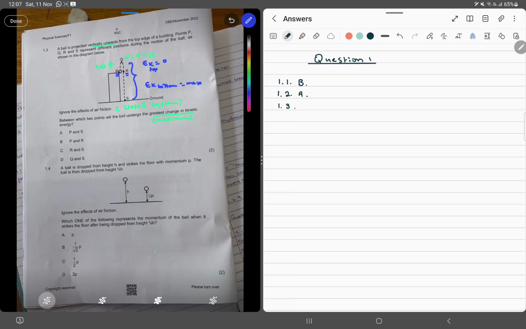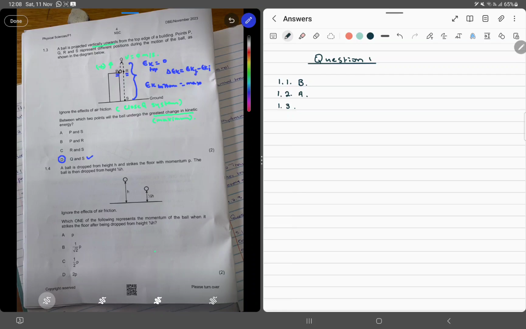Okay, so here we essentially are subtracting nothing. So we'll have the greatest change. So the answer will be Q and S. So this one is our answer. So again, this one you don't need to attempt to eliminate much, but it's a matter of understanding what the question is looking for. But again, you can also focus on the change in Ek being the Ek final minus Ek initial.